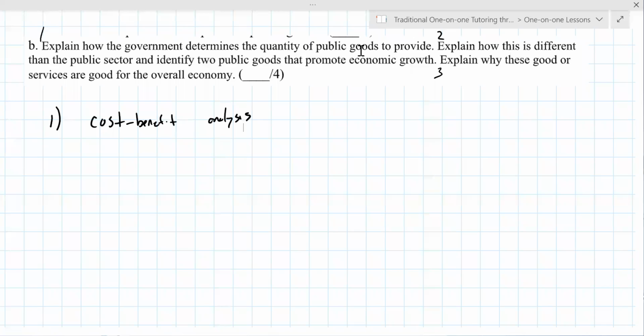Okay, explain how this is different than the public sector. The public sector is like you and I. We tend to do things that are best for us, not necessarily for everyone else. Are you concerned about the well-being of every single person in your neighborhood?